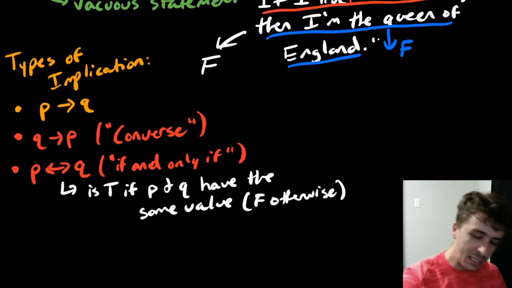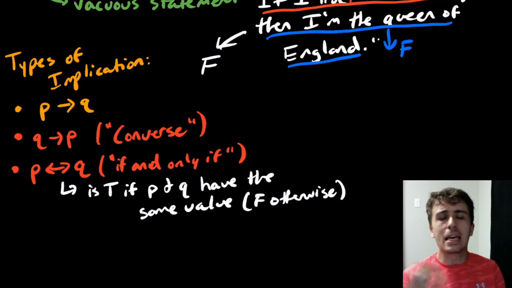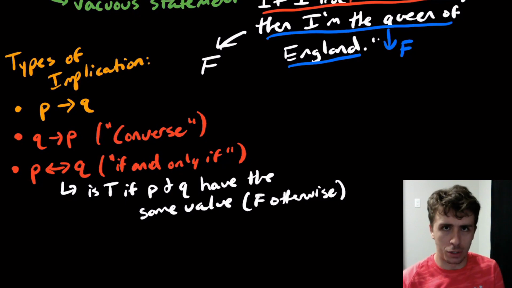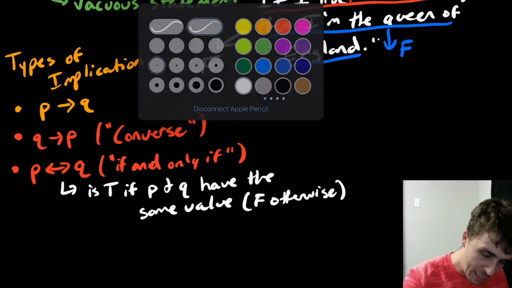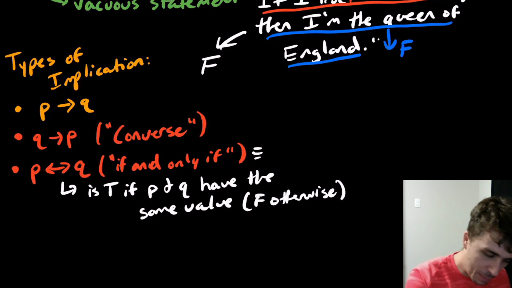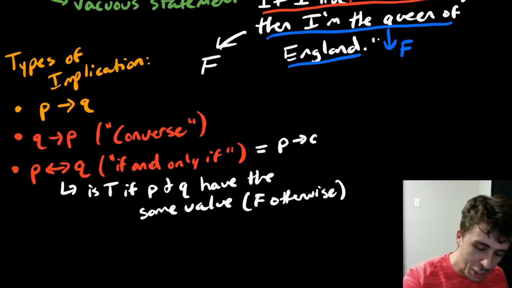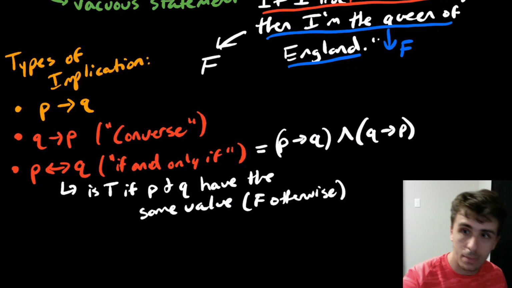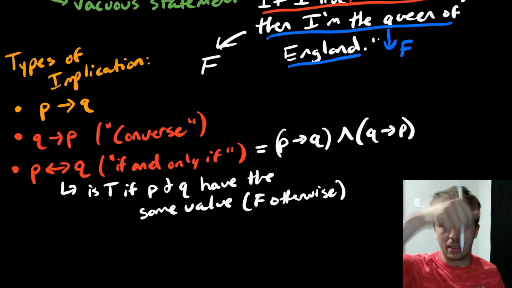So if it's true, then P and Q are equivalent to each other: they're both true or they're both false. This is the same thing as P implies Q and Q implies P. You can verify that for yourself with the truth table. Put it in the comments.